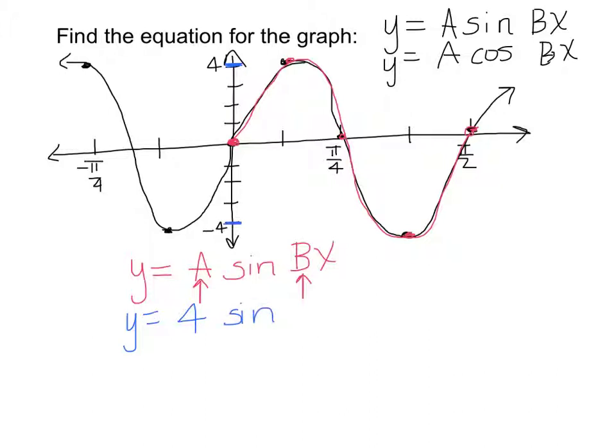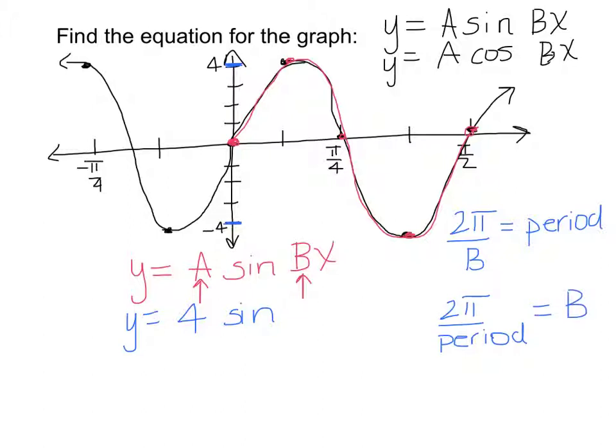Now, all we have to do is find B. The way that you do that, remember 2 pi over B represented your period. So to solve for B, all you have to do is 2 pi divided by your period. So we have to figure out what our period was. Find out where they started.